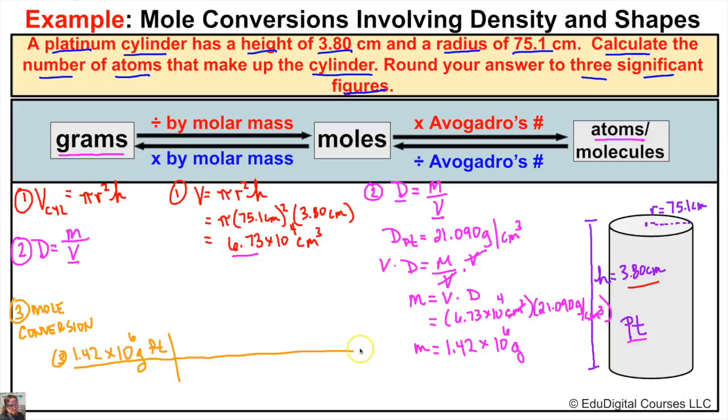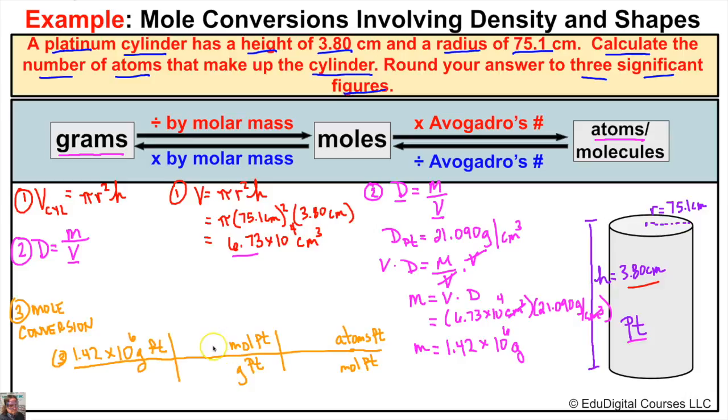So what we want to do is figure out the number of atoms this is. So we want to cancel out grams of platinum first and convert it to moles. Like it says right here, go from grams to moles and then go from moles to atoms. And after we're done with that, we want to cancel out moles of platinum. So we'll put that at the bottom of our fraction or equivalence statement right here. And we're going to convert this to atoms of platinum.